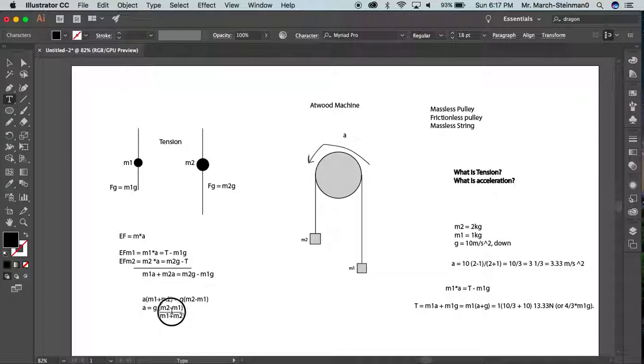So it's beneficial to find the equation first, and then to find the numerical answer after the fact. So this is a simple acceleration problem. Obviously, if the acceleration is 0, then I have 0 on one side of this equation.